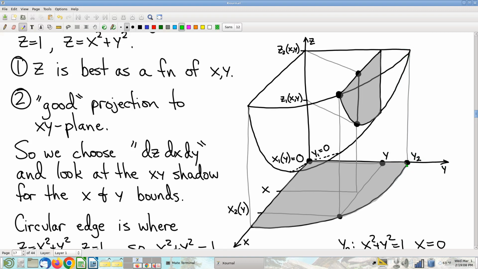And then furthermore, once you've fixed y and are thus looking at just a single y slice on the solid, or at the same time, a single y slice of your shadow, let's think now about how x varies. Well, the first x coordinate, the first x slice on my solid is that.